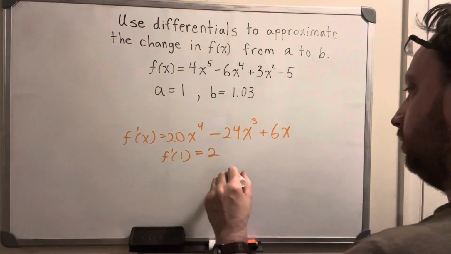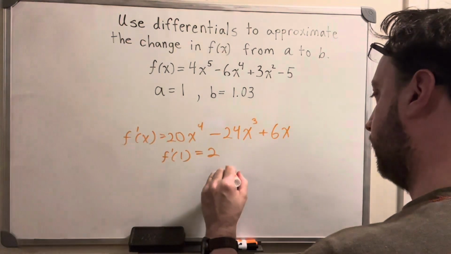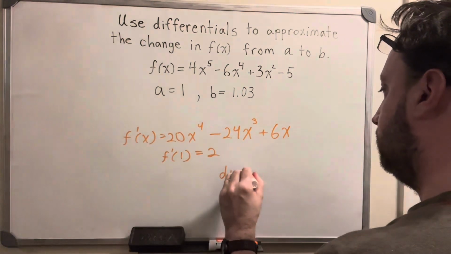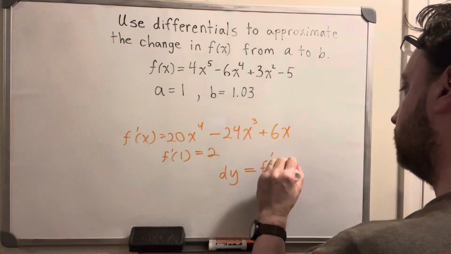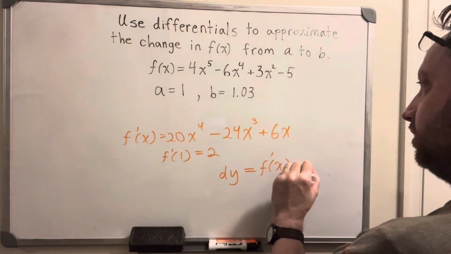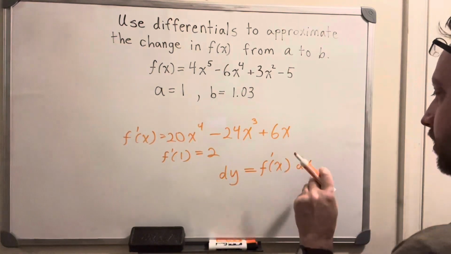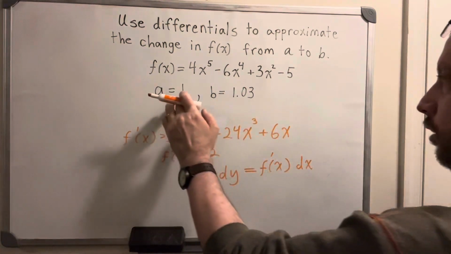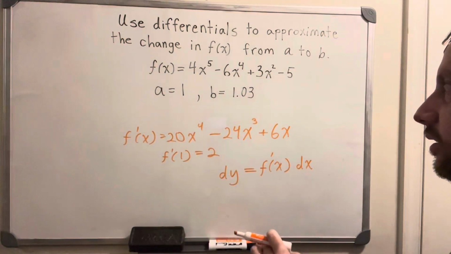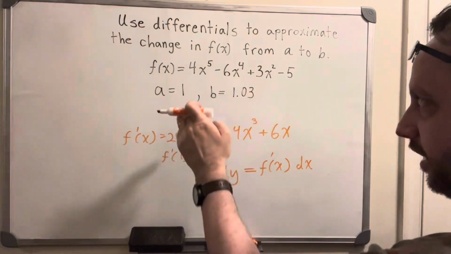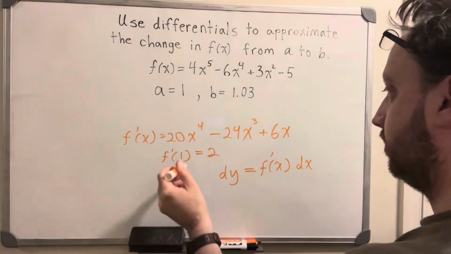And you remember the equation to use? f prime of x times dx. What's the dx if we're going from 1 to 1.03? We've just moved 0.03 in the positive x direction.